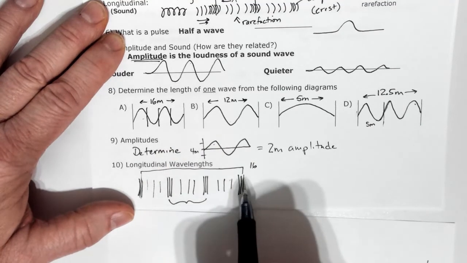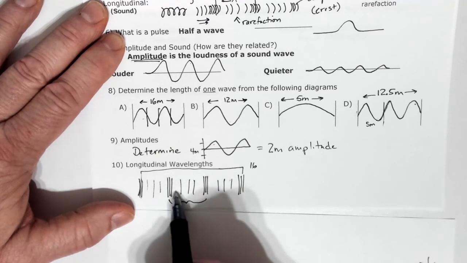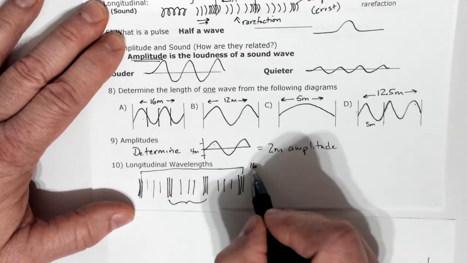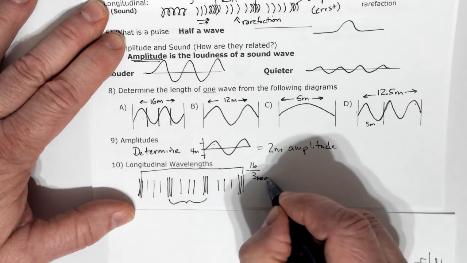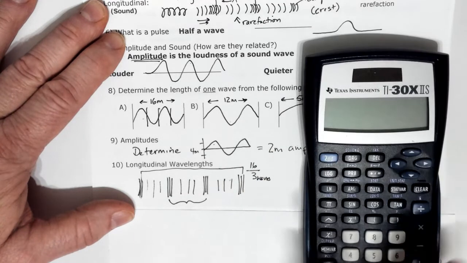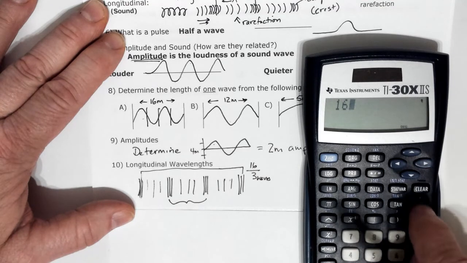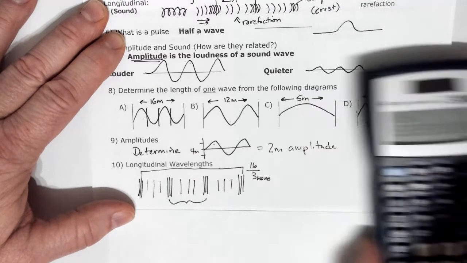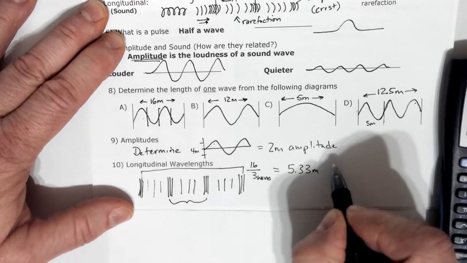So I know from here to here is a wave, so I've got 1, 2, 3 waves. So there are 3 waves in here. So 16 divided by 3 is 5.33. So this would be 5.33 meters per wave.